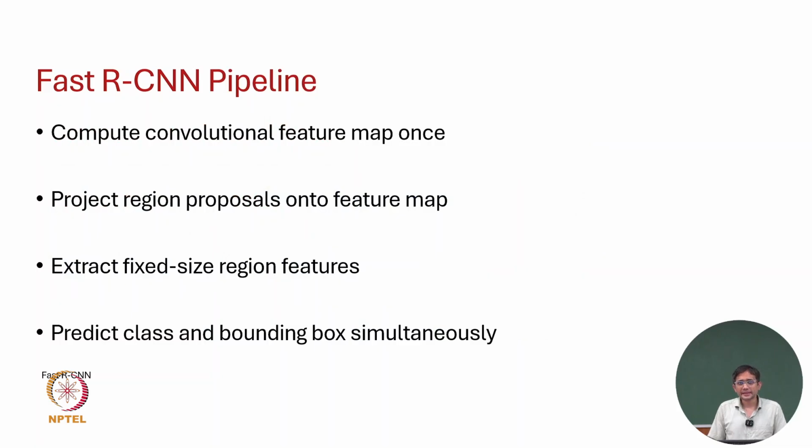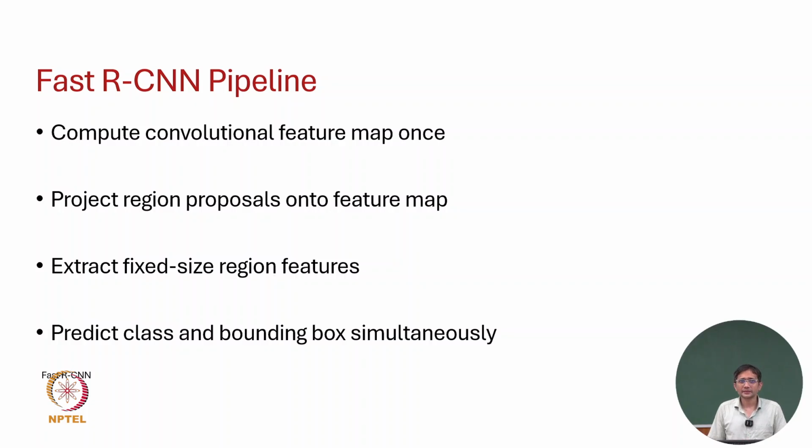So, Fast RCNN pipeline: this comprises computing the convolutional feature map once, in contrast to what we were doing in the case of the RCNN. We were passing each of these resized RoIs through the CNN. Here we are just doing it once.